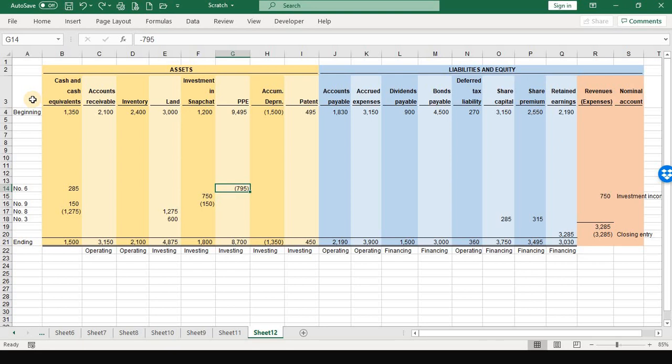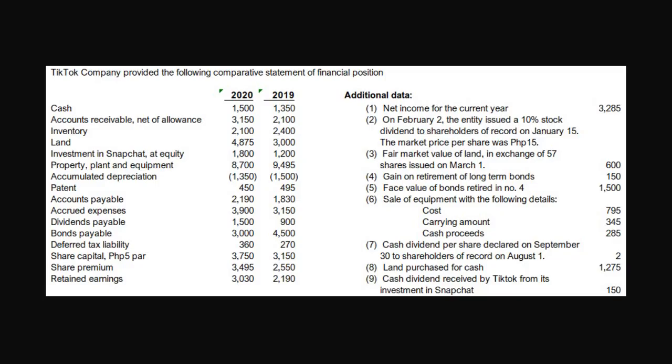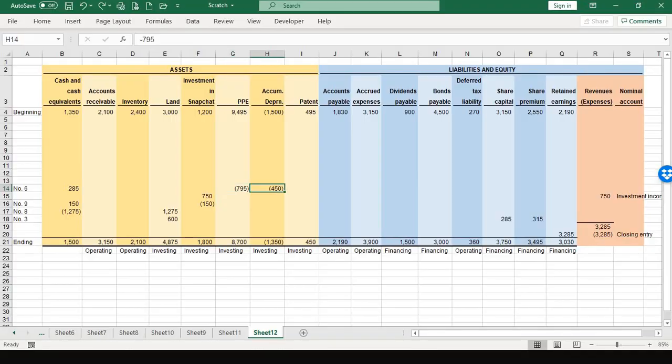Then accumulated depreciation shall be debited. So how much is the accumulated depreciation? So the accumulated depreciation shall be the difference of 795 and 345, or 450 pesos. And this is debited to the accumulated depreciation account.